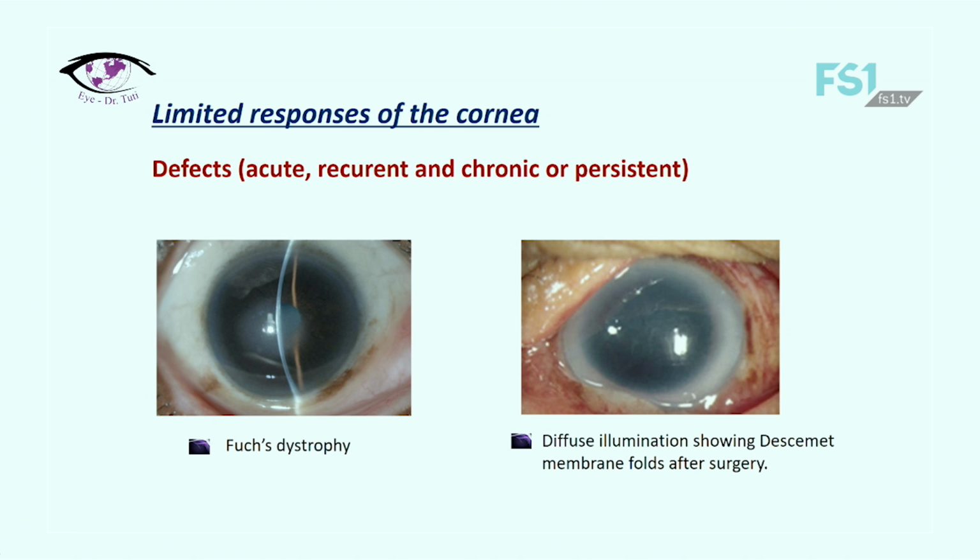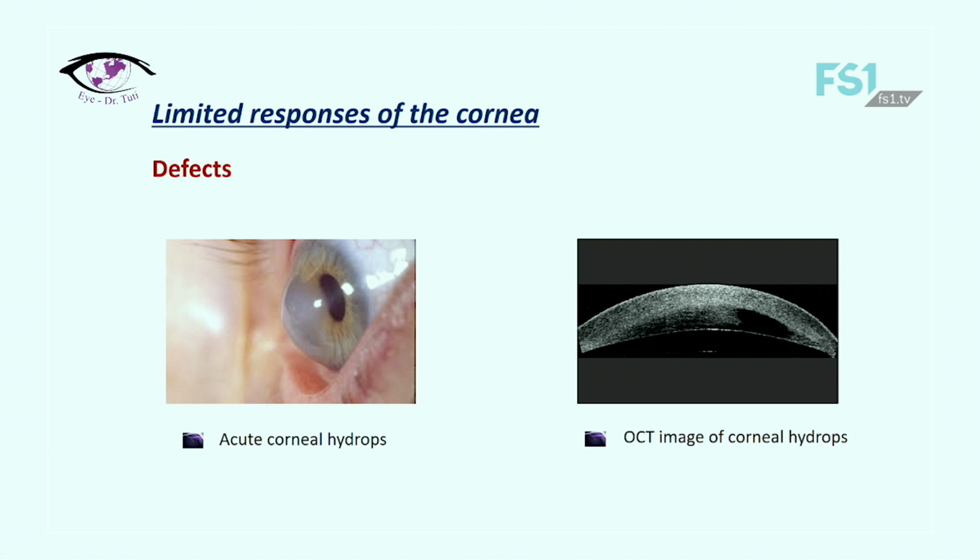For example, elevated intraocular pressure in infantile glaucoma stretches the cornea and creates circular breaks in Descemet's membrane. The thin ectatic keratoconic cornea can stretch to produce a focal, spontaneous elliptical rupture in the endothelium and Descemet's membrane, for example, in acute corneal hydrops. You can see it here in a late stage keratoconus patient. And this is an OCT image of corneal hydrops.